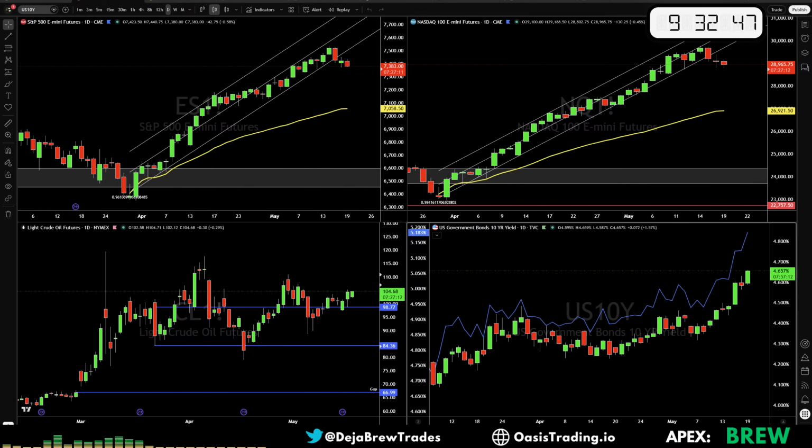The biggest problem that you want to keep an eye on are these two things down here, the inverse charts that don't really have a significant correlation right now, but it's definitely picking back up. And that is oil and the bond yields. As the bond yields continue to the upside here, 4.7, 5.2, that is definitely pretty bearish for equities.